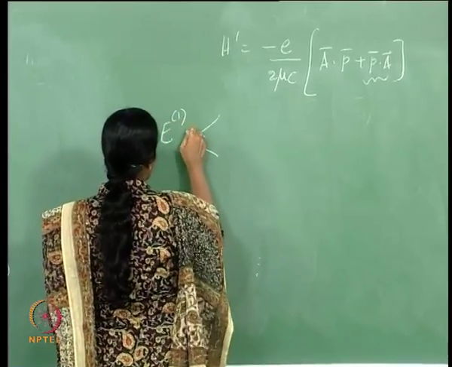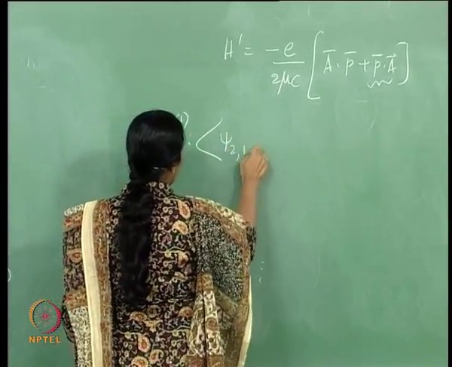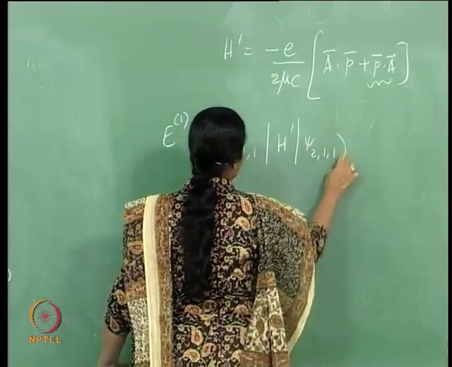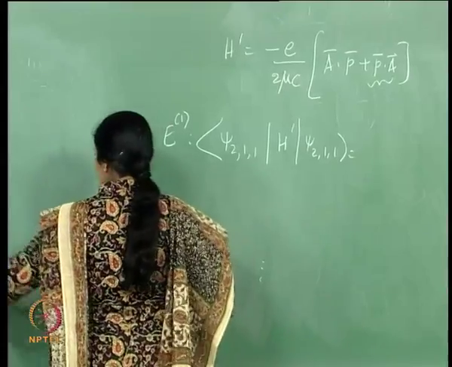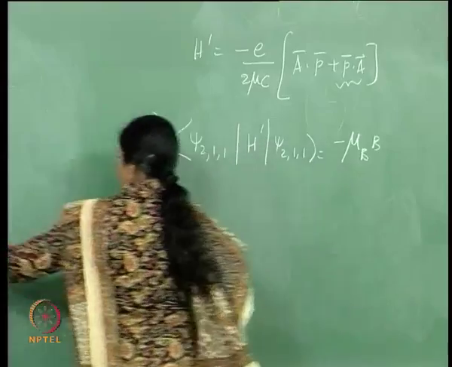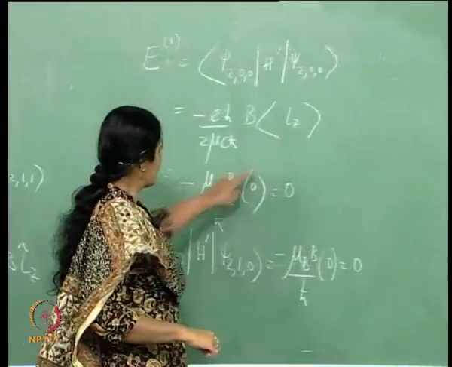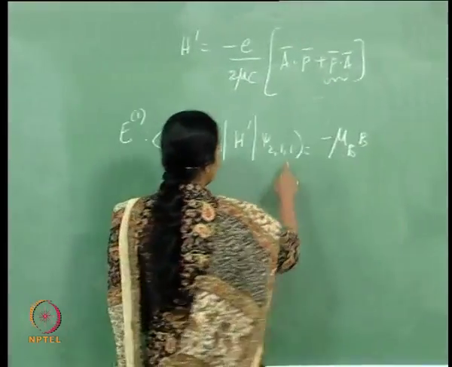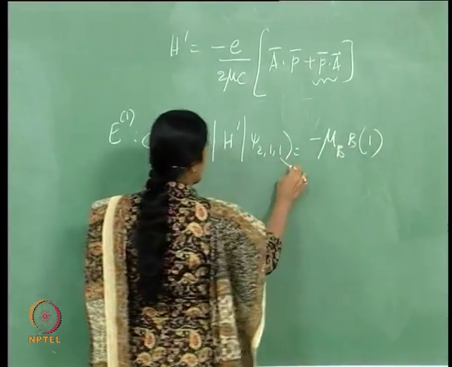On the other hand, this is certainly true. If I look at the first order contribution psi 2 1 1 H prime psi 2 1 1, this is minus mu b B. Let us forget that h cross, because Lz pulls out an m h cross and the h cross will cancel out, times 1, that is the m value.